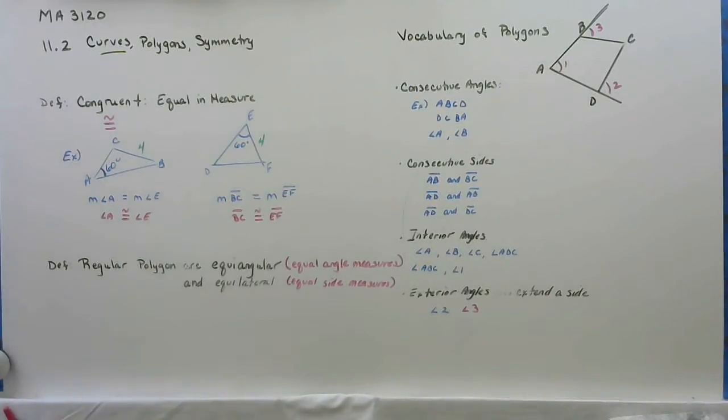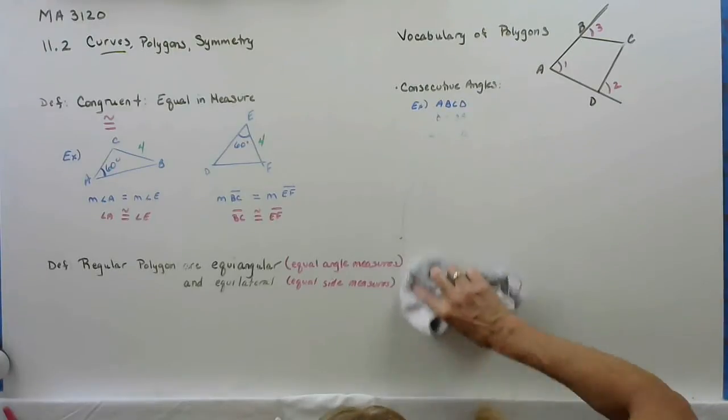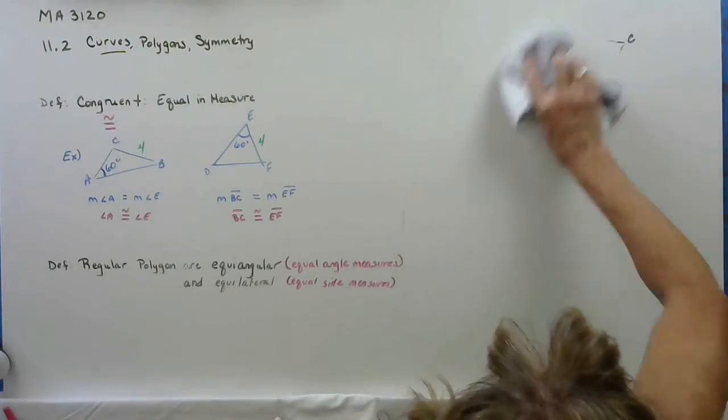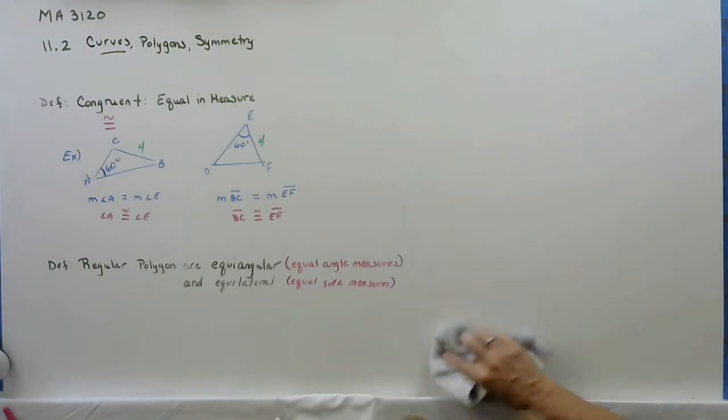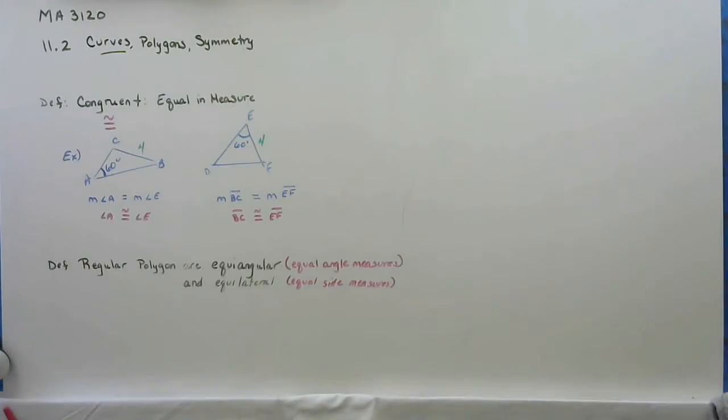So let's look at some common shapes that you may be familiar with. You may have heard of them, but I want to make sure that we are specific in how we actually describe them. We'll just go in order.